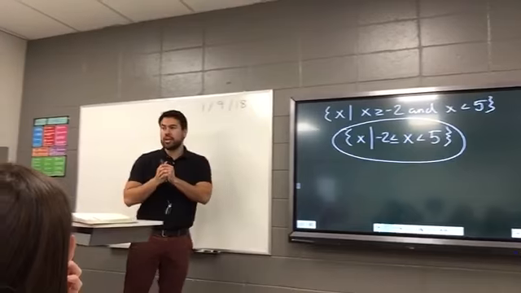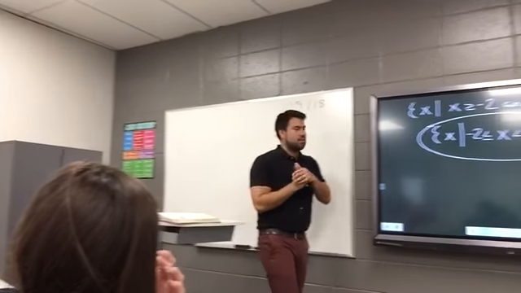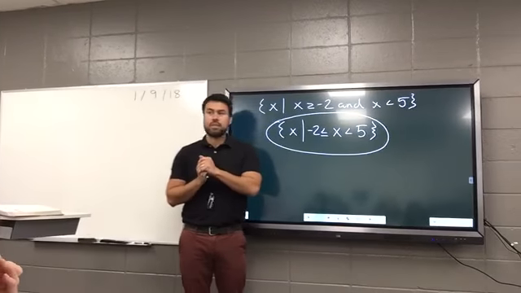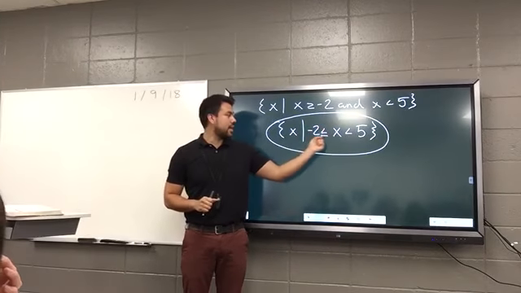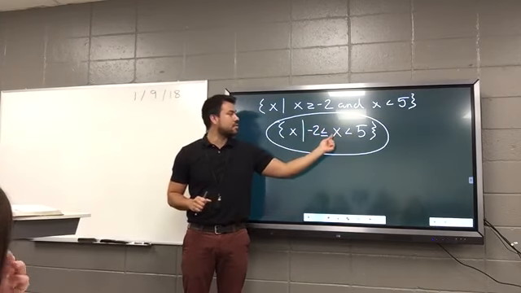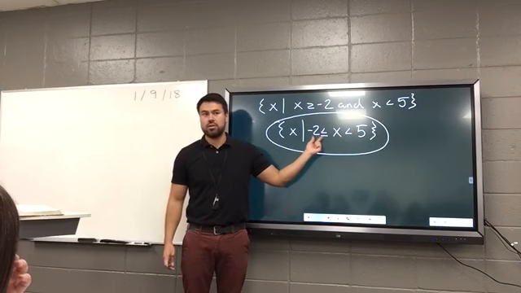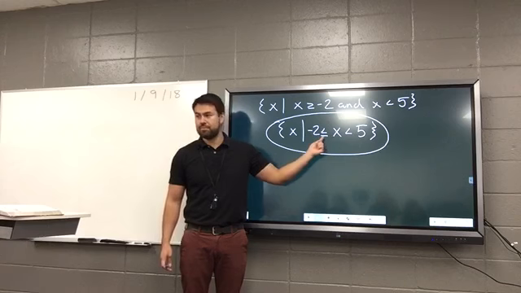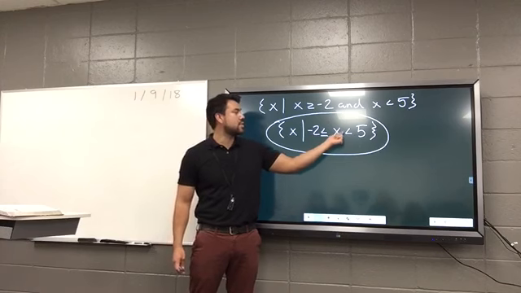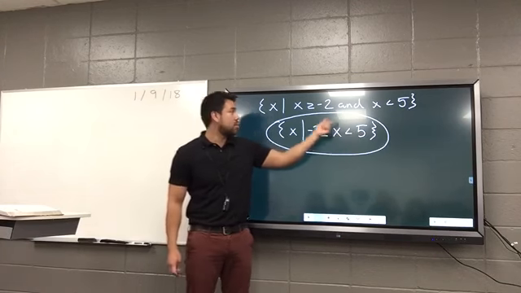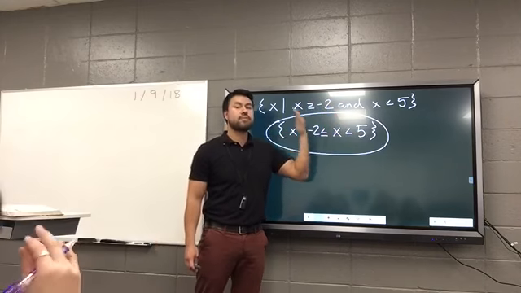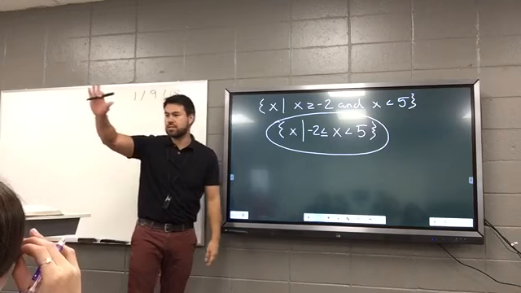Okay? So let me show you again how I did that, just in case you didn't follow it the first time. So, is this inequality saying that x is greater than or equal to -2? It is also saying that x is less than 5. So is it putting those two together into one? Yes. A couple things I want you to notice.